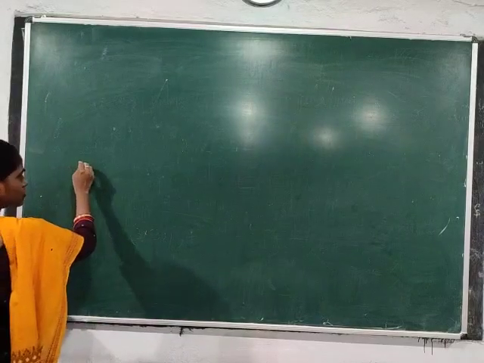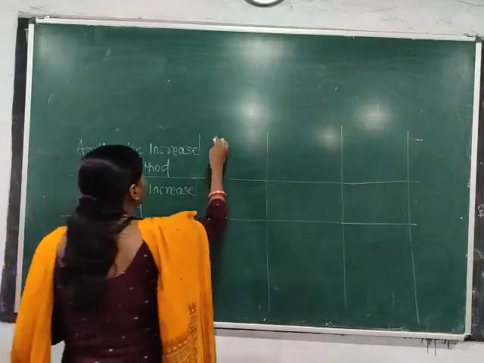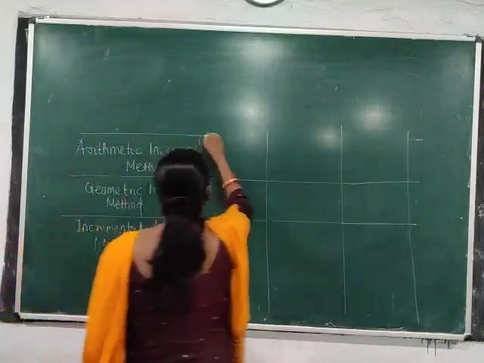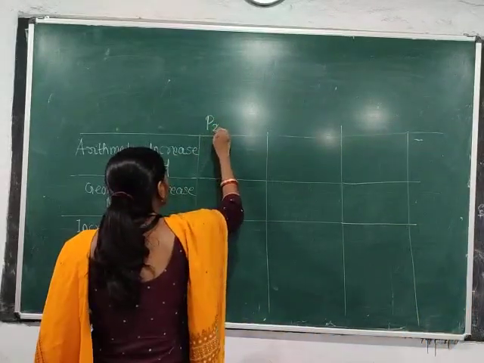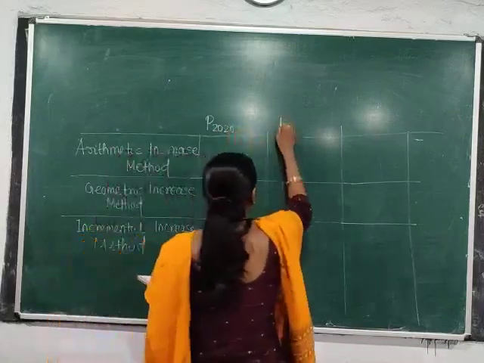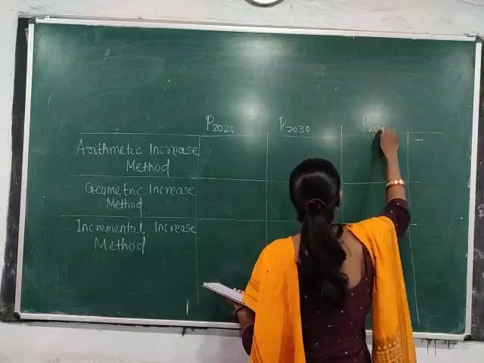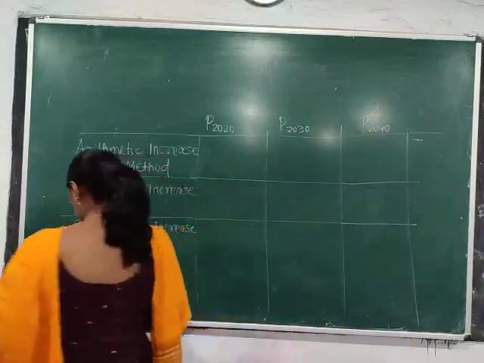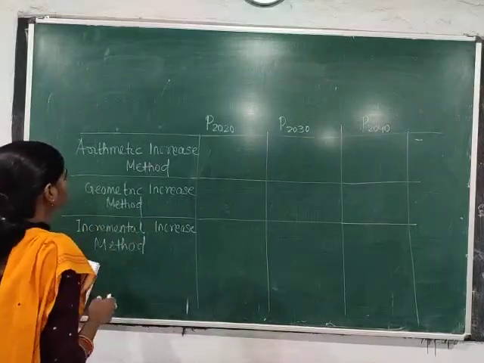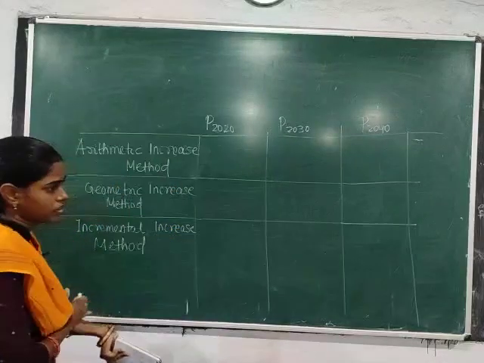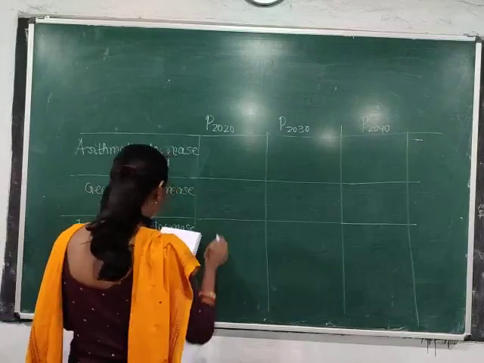So, population in 2020, population in 2030, population in 2040. For the same data, when we solve using the arithmetic increase method, it will give the results as follows.